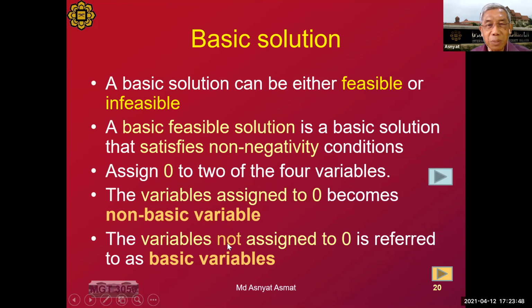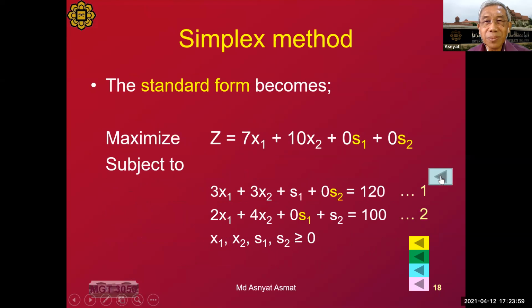The remaining variables that we did not make equal to 0 are referred to as basic variables. If we do nothing, x1 equals 0. The idea is you want to solve these equations.